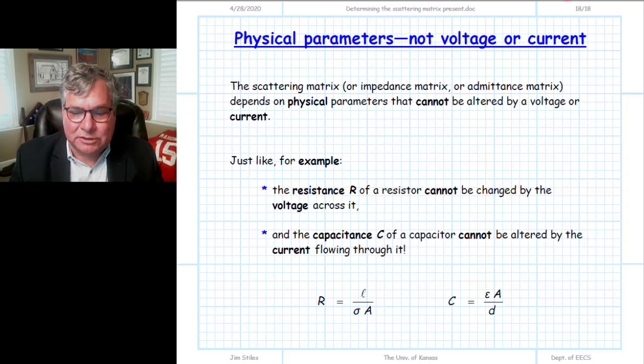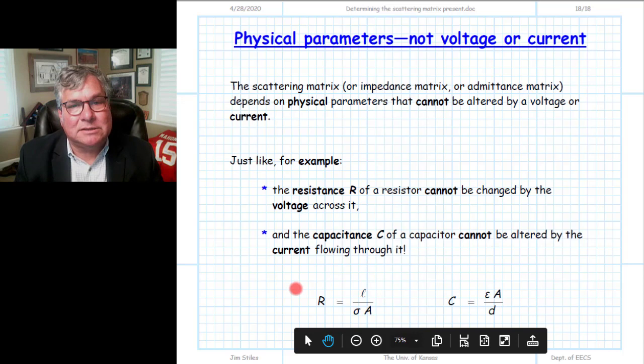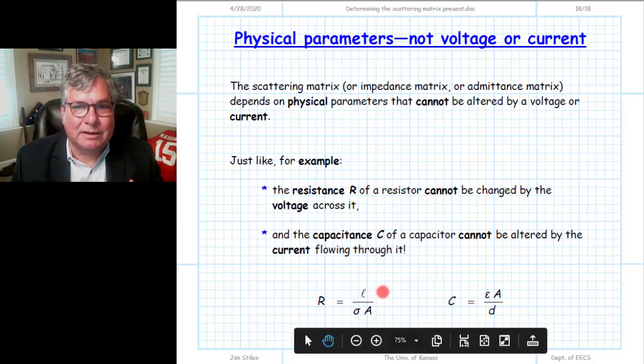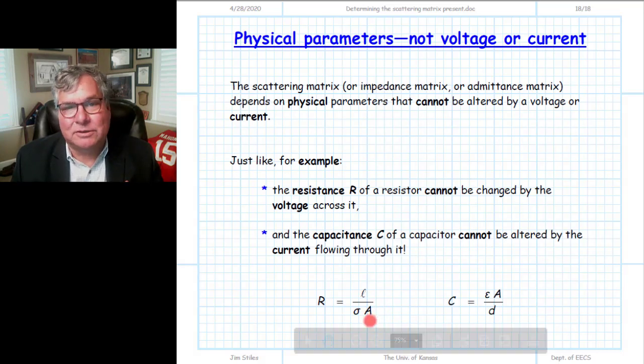If we look at a resistor, for example, what we find is it depends on the physical parameters of the device, just like the scattering matrix does or the impedance matrix does. If I want to alter the resistance, in the case of a uniform conductivity cylinder, I need to either lengthen the cylinder, or reduce the cross-sectional area, or reduce the conductivity.